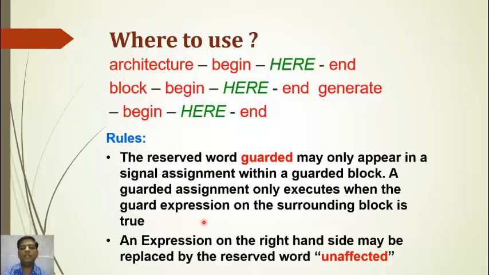A guarded assignment only executes when the guard expression on the surrounding block is true. An expression on the right hand side may be replaced by the reserved word unaffected.